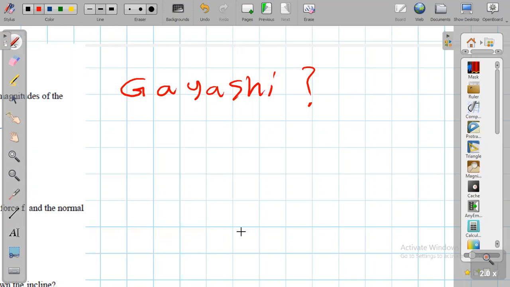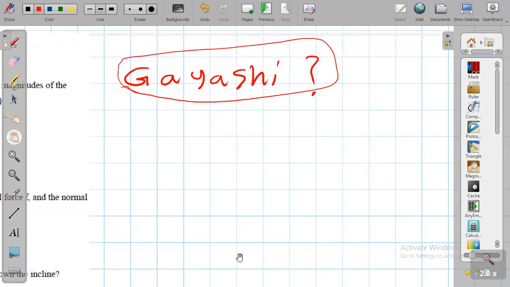Okay. Do you know the meaning of your name? When we detach your name, it looks like the meaning is she is Gaya. Imagine if your name was like Kausi.